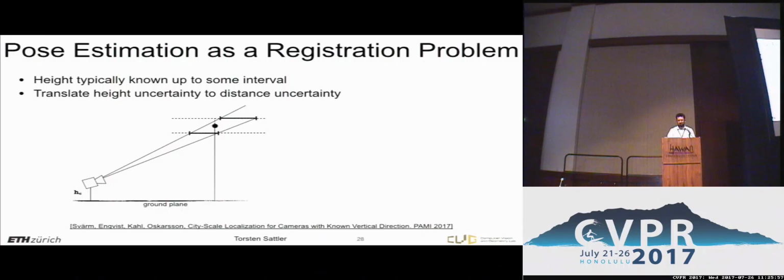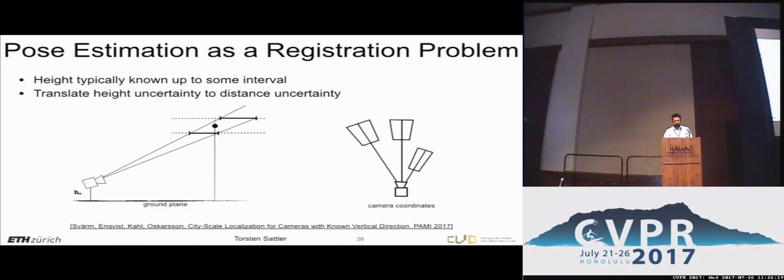And if you then go back to the 2D version of the problem, you essentially get a set of slices through this volume, which you can approximate by just placing a bounding box around it. And then you try to find a registration that maps the points in 2D into those bounding boxes.